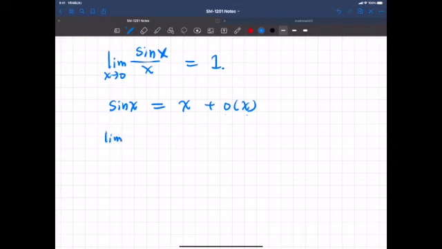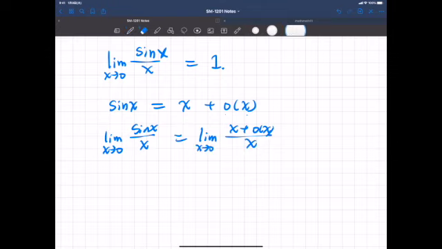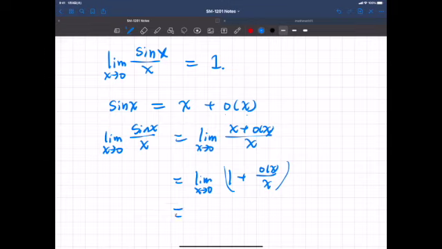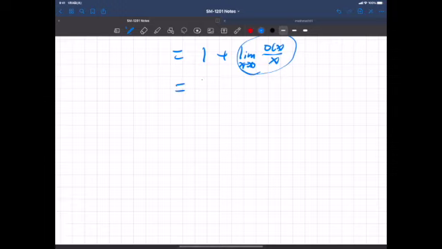So this limit, sine x over x when x approaches 0, is the limit of x plus little o(x) over x. So this is 1 plus little o(x) over x. So this is 1 plus the limit of little o(x) over x. But this by definition converges to 0, so this is just 1.